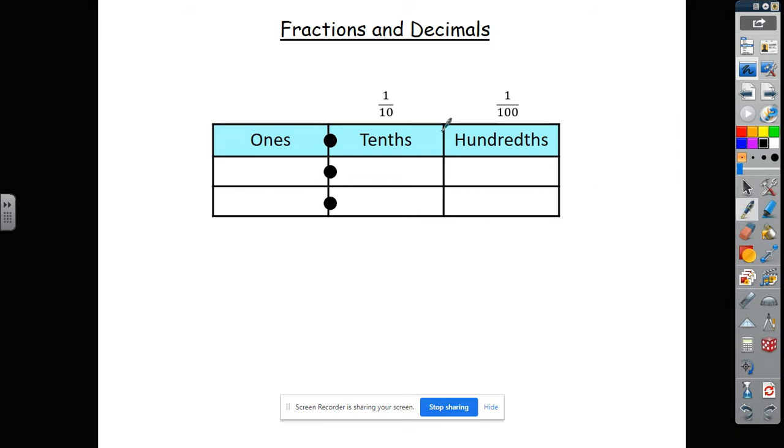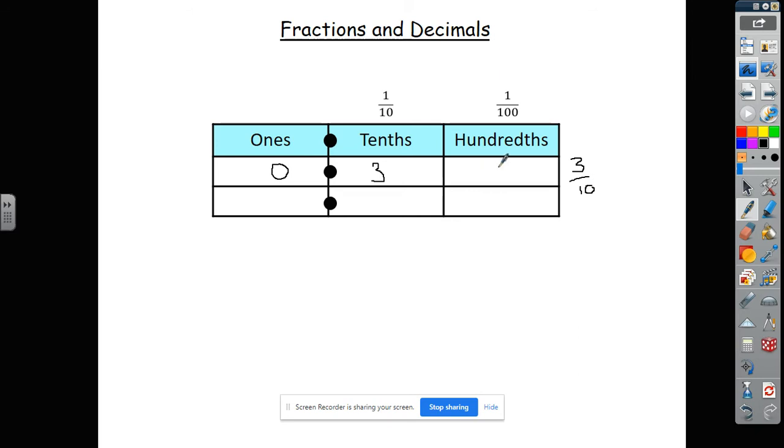Let's start by saying I'm going to put 0.3 here. It's in the tenths column, so that would be the same as writing 3 over 10.